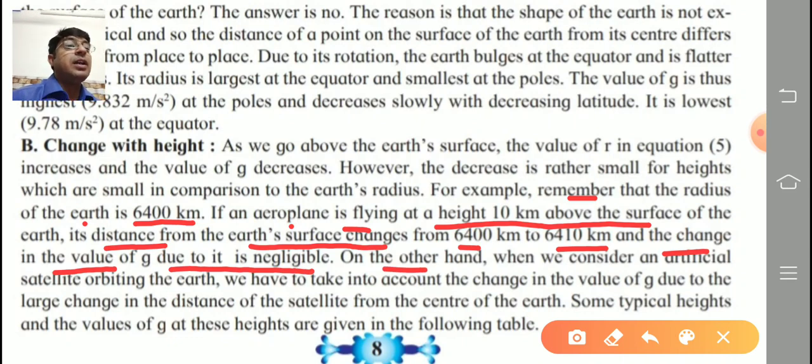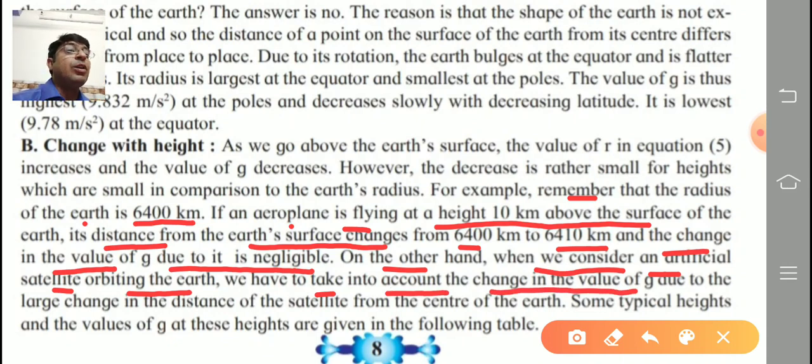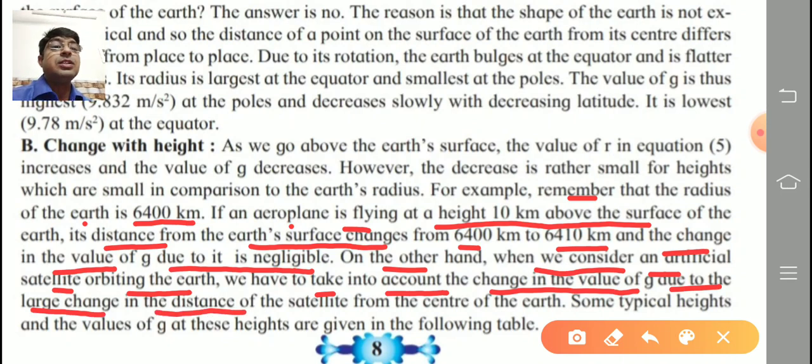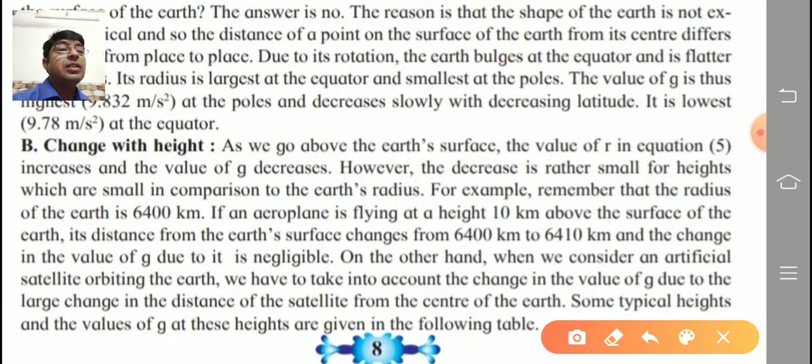On the other hand, when we consider an artificial satellite orbiting the earth, we have to take into account the change in the value of small g due to the large change in the distance of the satellite from the center of the earth.